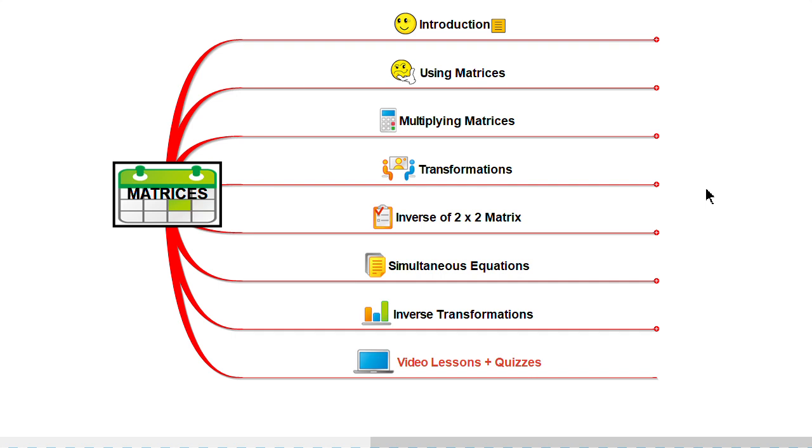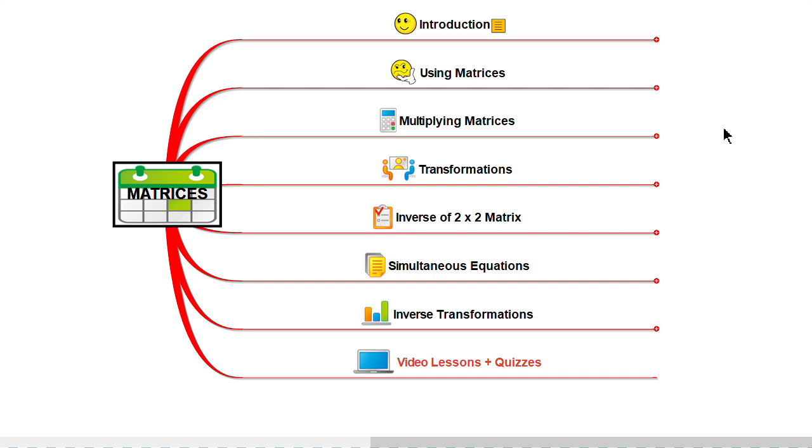science-backed study method that has proven to be effective for students at both secondary, middle school, high school, and the university levels. Now, this mind map uses your brain's natural ability to process information visually.